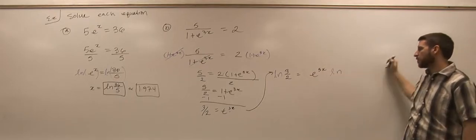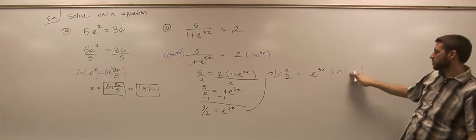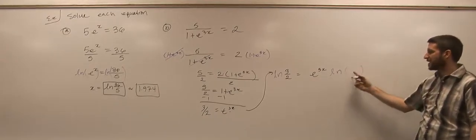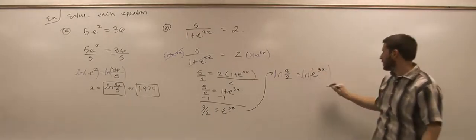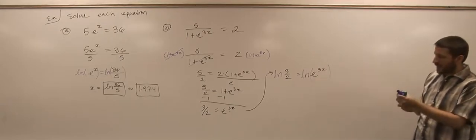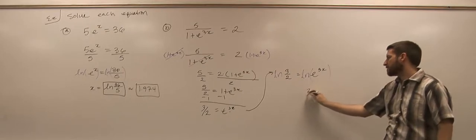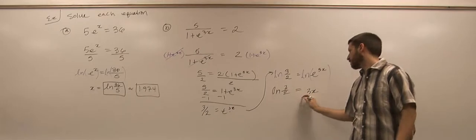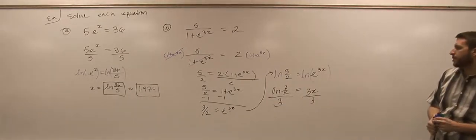If you put the natural log on the right, it just looks stupid, because a natural log is supposed to eat something, and it always comes before its argument. So don't look foolish, put it here. And then the e and the ln cancel, leaving you with 3x equals ln of 3 halves. Divide by 3, and you have your x isolated.